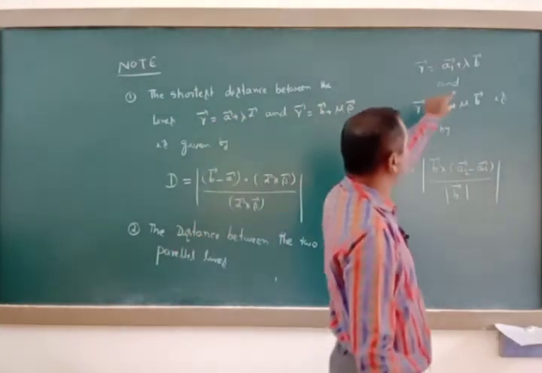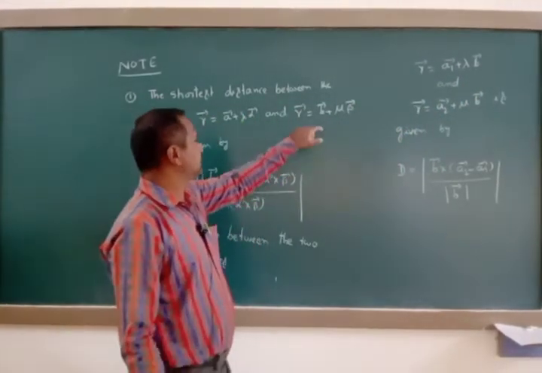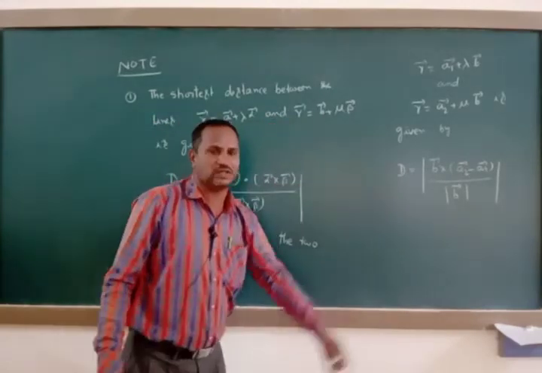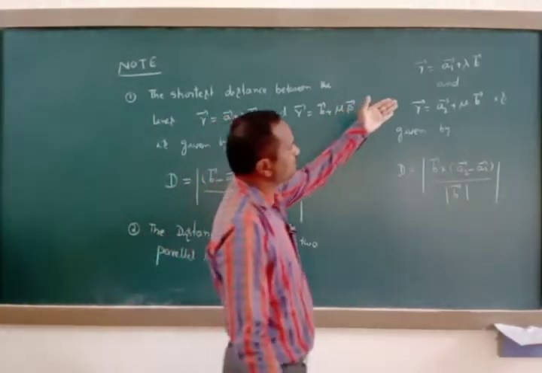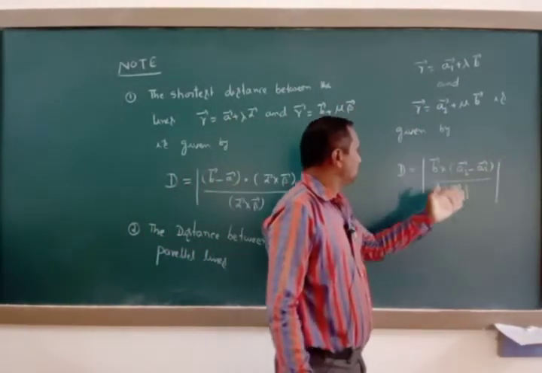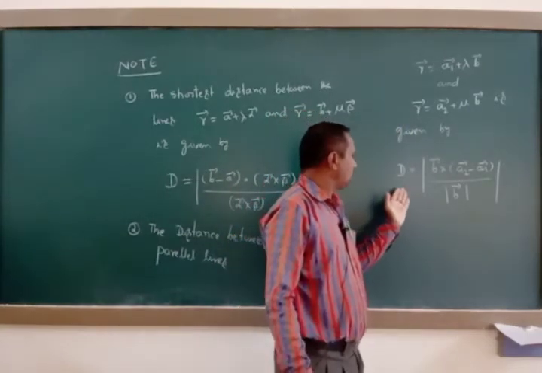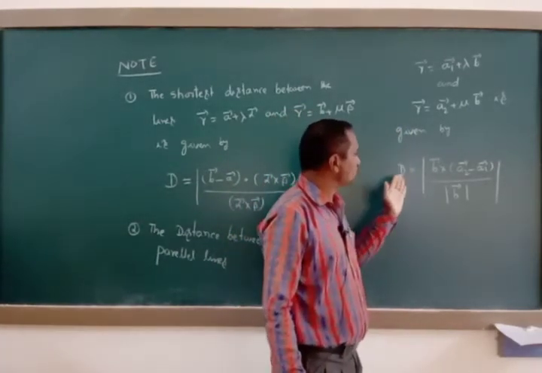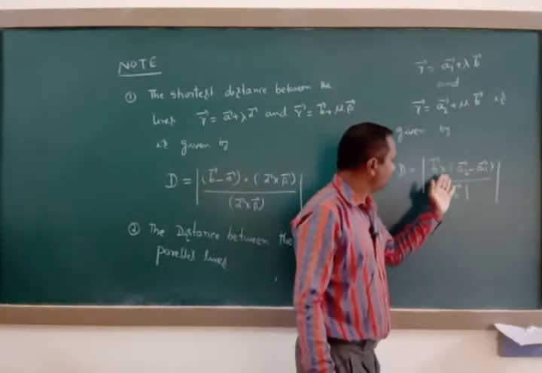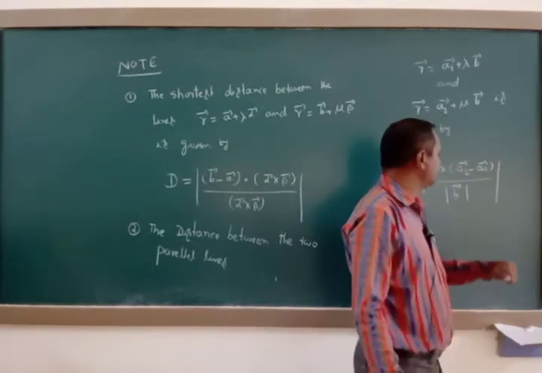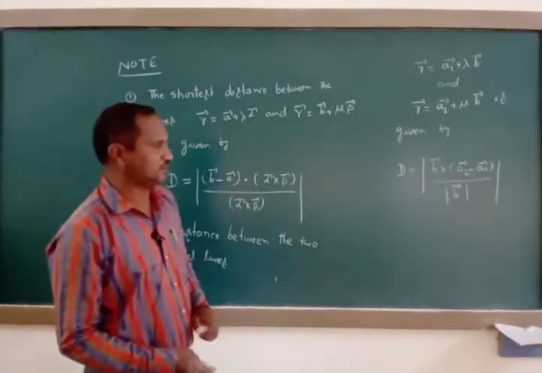Whenever the last two vectors are the same, those lines are parallel lines; if the last two are different, those lines are skew lines. At that time, the formula to find the distance between two parallel lines is given by D is equal to modulus of b vector cross a2 vector minus a1 vector, whole dividing by magnitude of b vector.